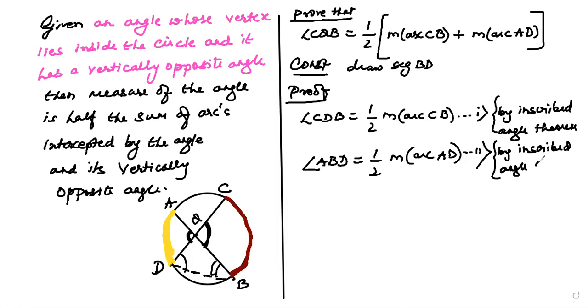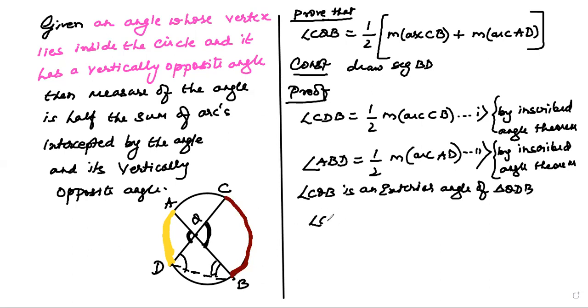But which angle do I want in my answer? I want angle CQB. So what is the relation of CQB with these two angles? CQB is an exterior angle of a triangle. Which triangle, children? QDB. You can see here angle QDB. CQB is an exterior angle of triangle QDB.